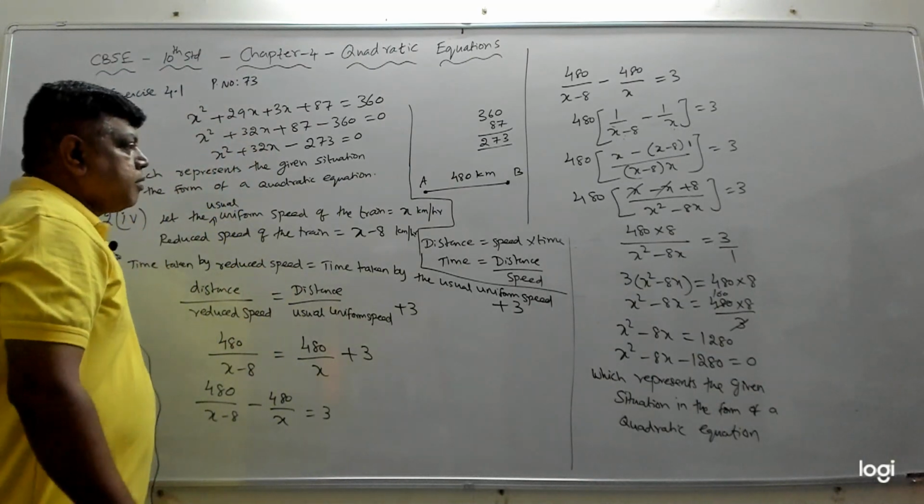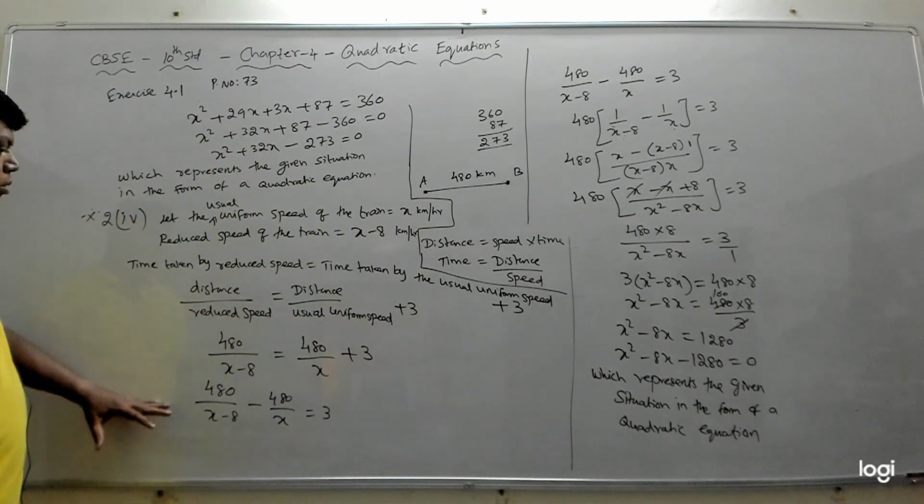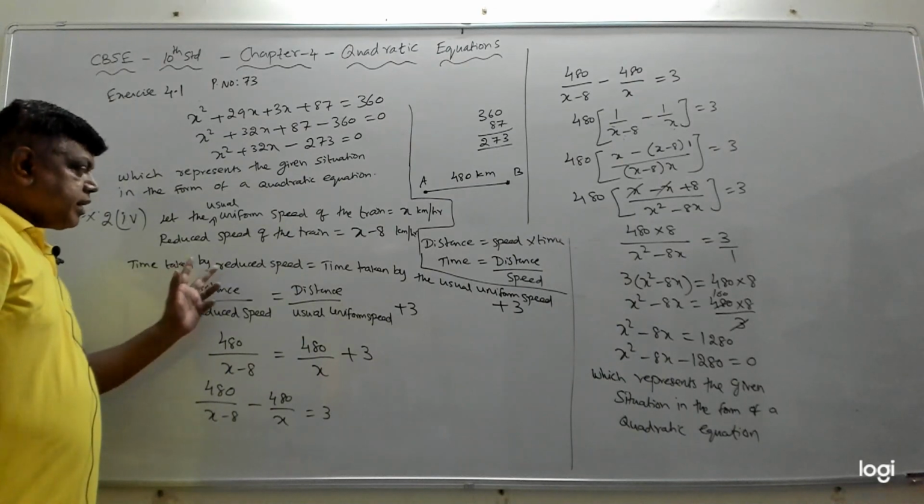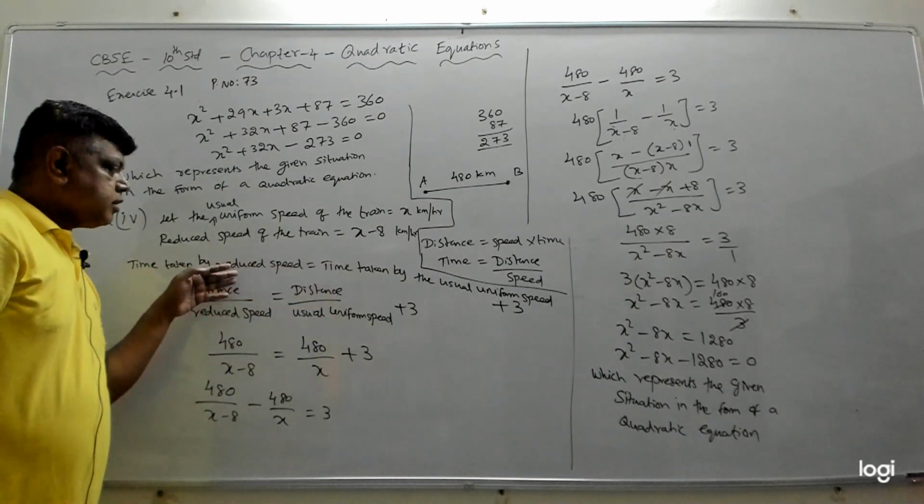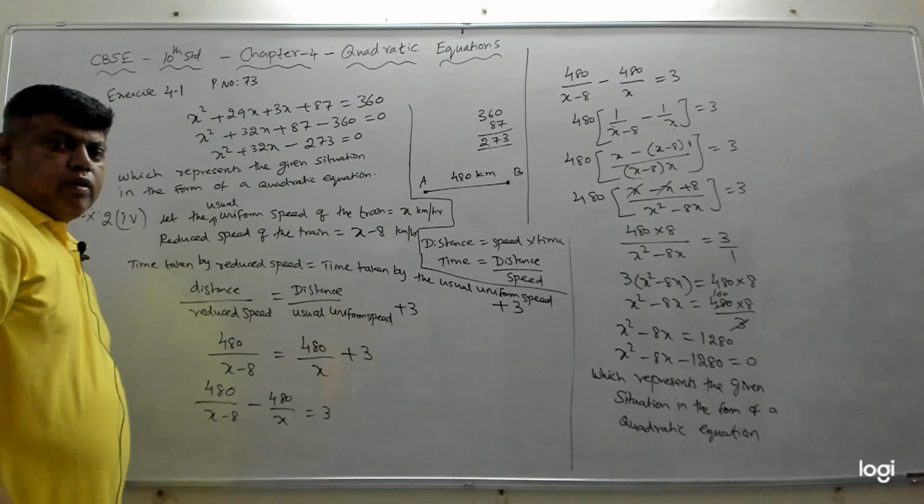Fine, clear? So this is how we do this. This is a very important problem, but very easy, but you need to be very careful when you are writing this. This statement is very important.